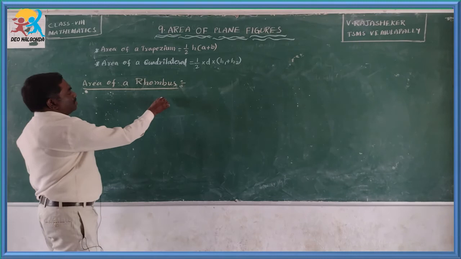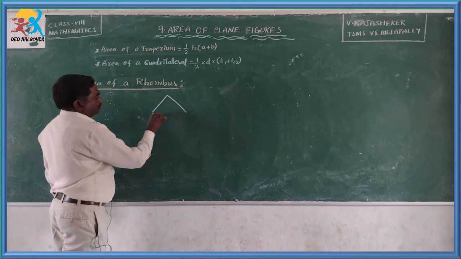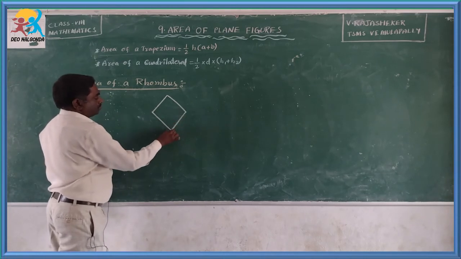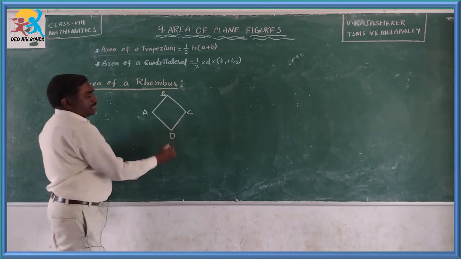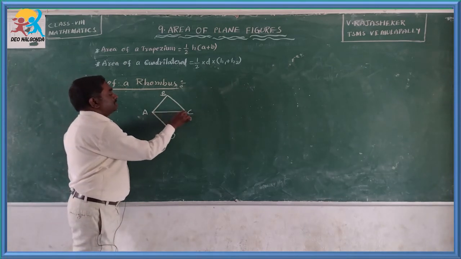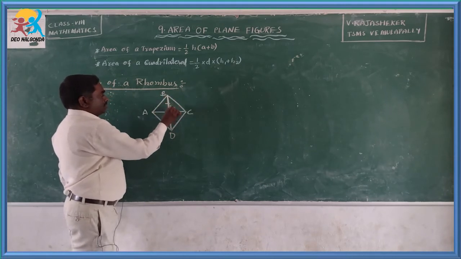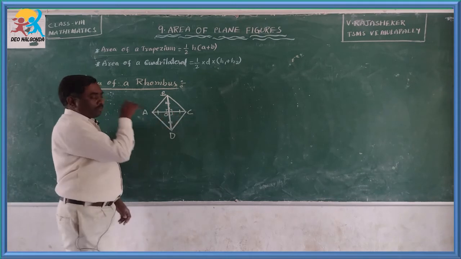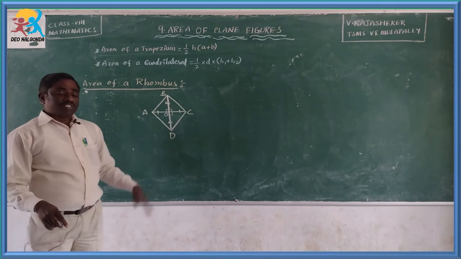So, let us consider a rhombus ABCD. In a rhombus we know diagonals bisect each other perpendicularly. So, by drawing diagonals, this part and this part are equal and this part and this part are equal. Diagonals bisect perpendicularly in a rhombus.